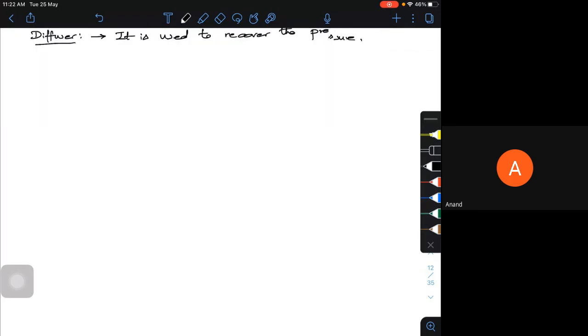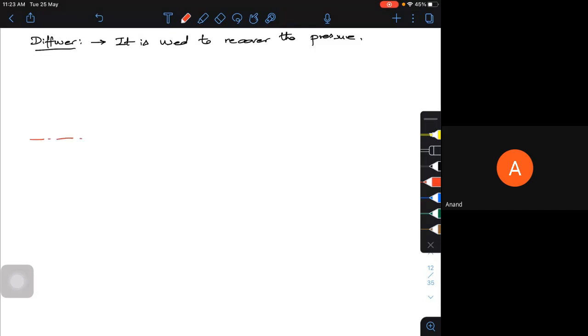Now, if I try to draw a diffuser, it's something like this. I have a smaller area at the inlet, and it gradually increases towards the exit.